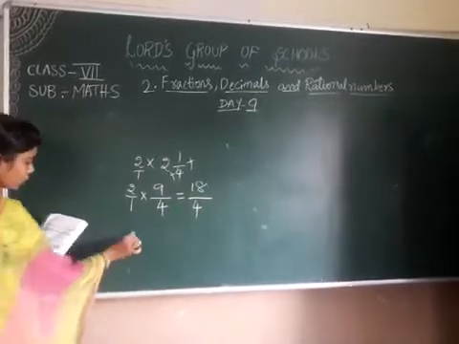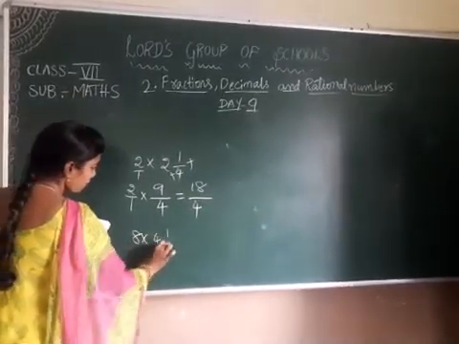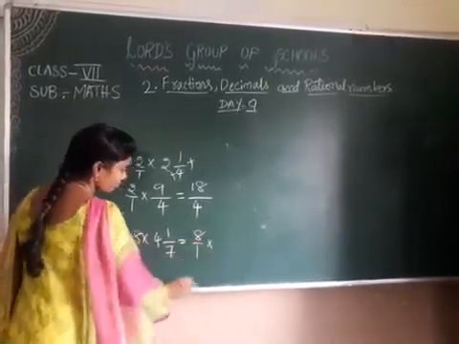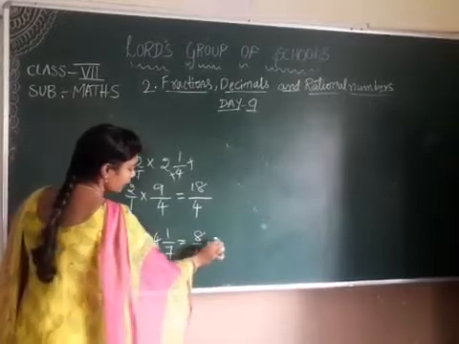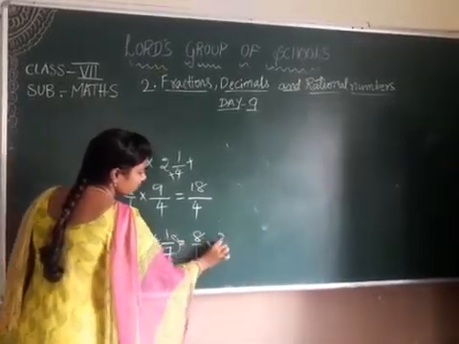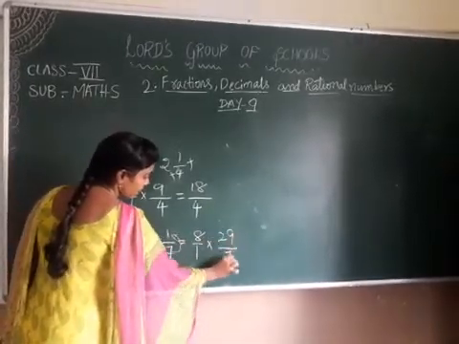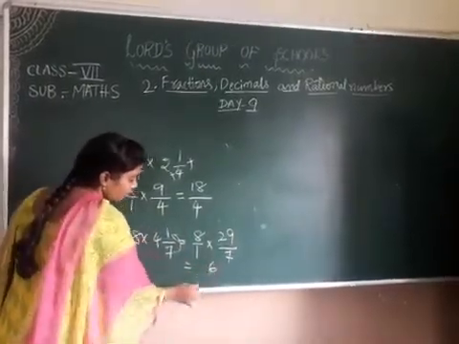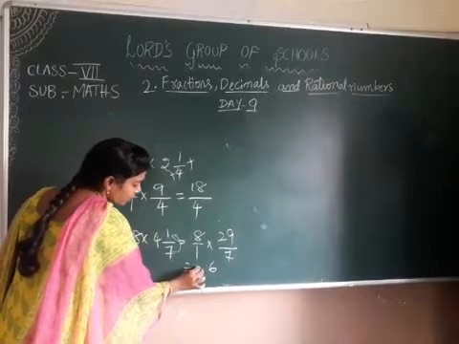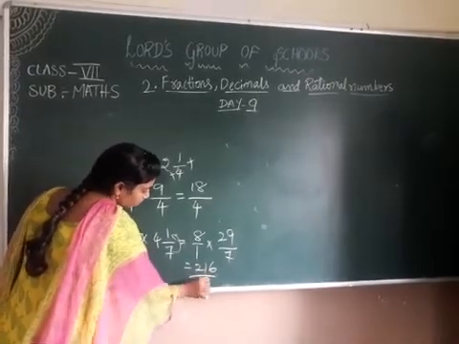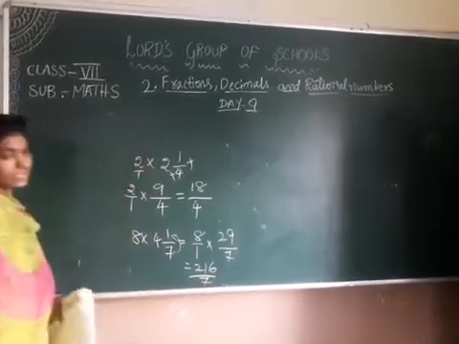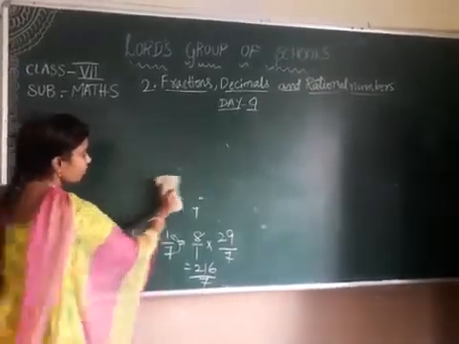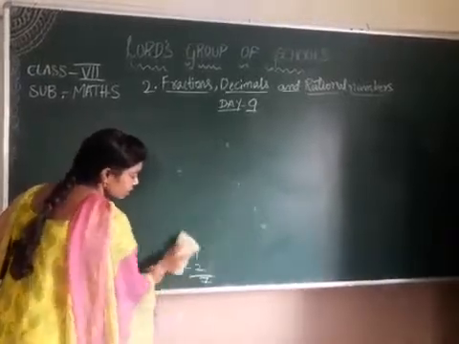One more example, 8 into 4 and 1 by 7: 8 by 1 into 4 sevens are 28 plus 1, 29 by 7. 29 into 8 is 232 by 7. In this way we do multiplication of a normal fraction and a mixed fraction.